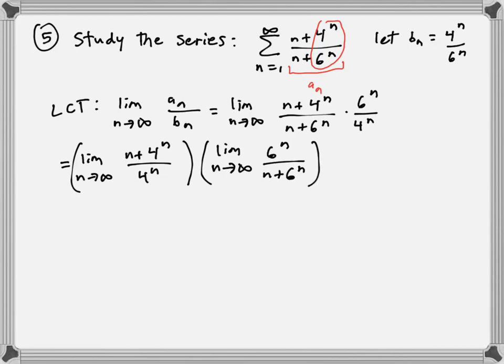So on this one, I'm going to divide everything by 4^n on top and 4^n on the bottom. On this one, I'm going to divide by 6^n and divide by 6^n. So we end up with, first limit is n over 4^n plus 1 over 1.